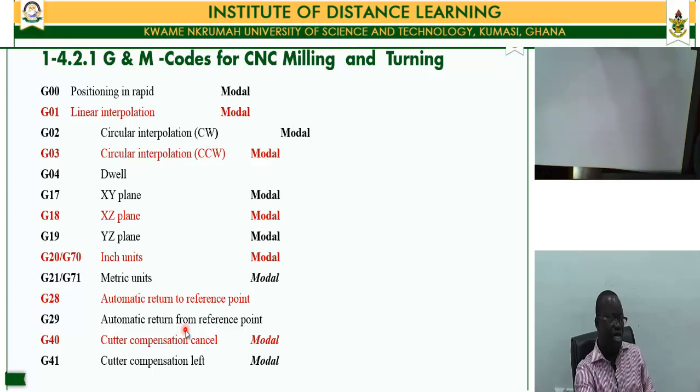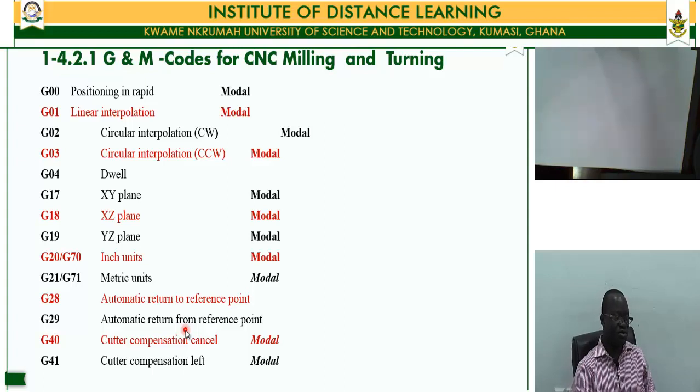So these are the following codes which are going to be described in detail. We have the G00, which is positioning in rapid, which means if you want the tool to move quickly to a new position without cutting any material. We have the G01, which is a linear interpolation, or what we call a linear feed move.